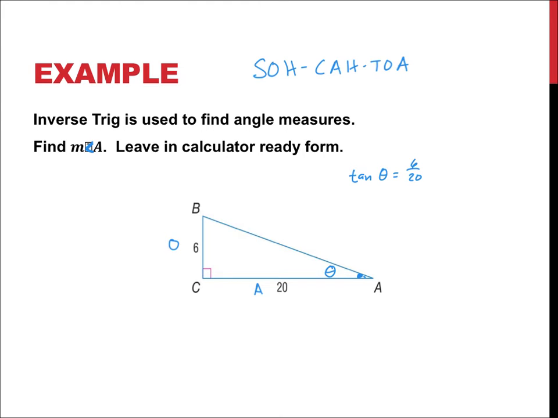Now it's always good practice to reduce your fraction before you get started on anything else. So 60 over 20 simplifies down to the tangent of theta is equal to 3 over 10. Now I'm solving for theta, I'm not solving for my sides, so now I'm going to take the inverse tangent of 3 over 10 and set it equal to theta.